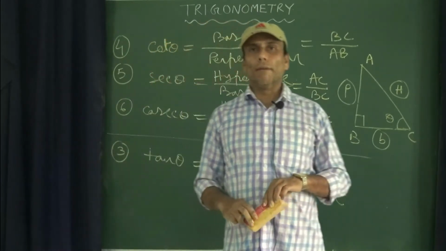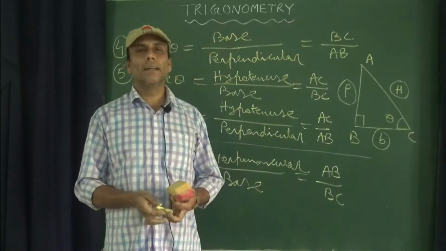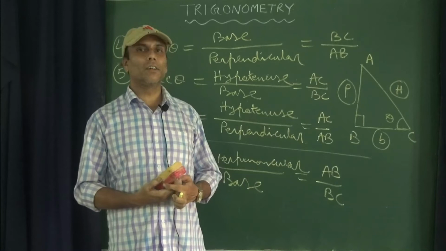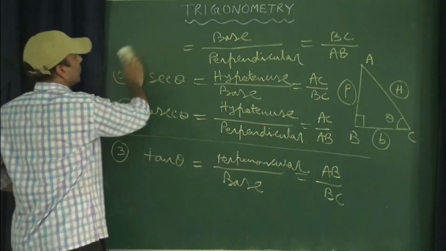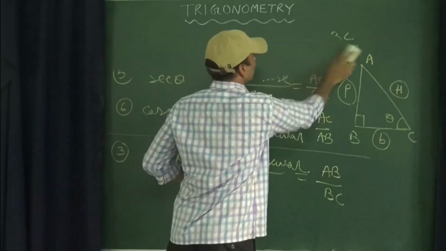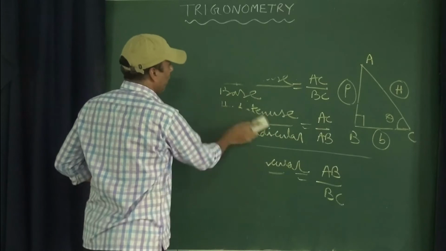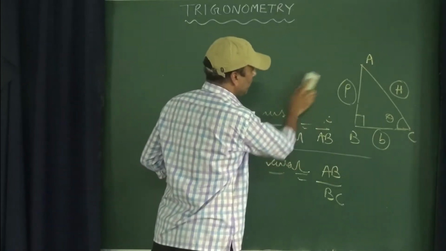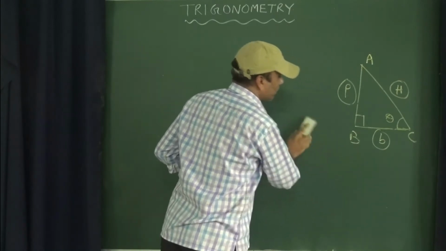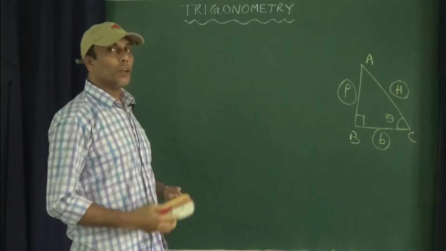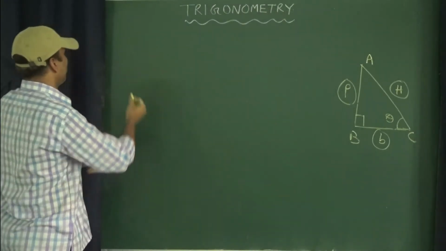So to avoid this confusion, there is one sentence, if we remember, in that case never will get any confusion. Let me write this sentence. Just if we recall that sentence in our mind, easily we can recall the relations of sides for different trigonometric ratios.